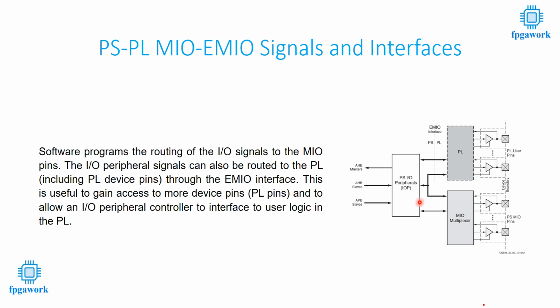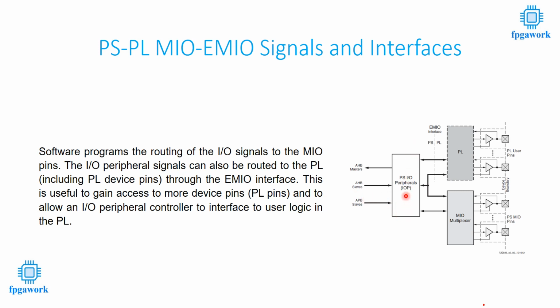I/O peripherals have basically two interfaces, one on the right side, the other on the left side. On the left side we have AHB and APB. AHB is a high speed, high data rate bus protocol, and APB is a low data rate bus protocol.